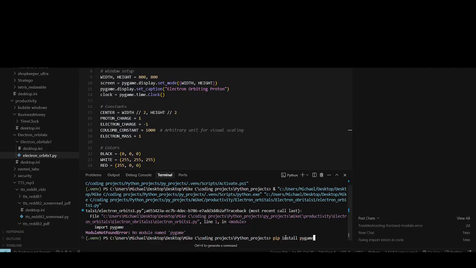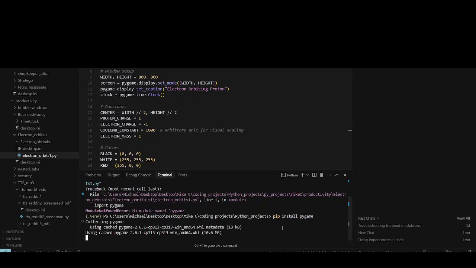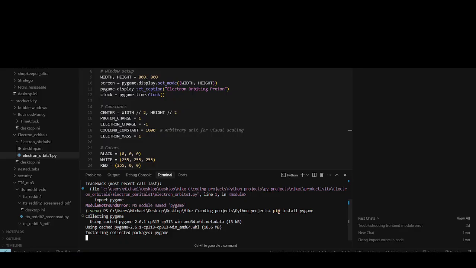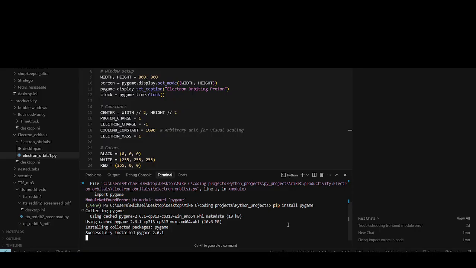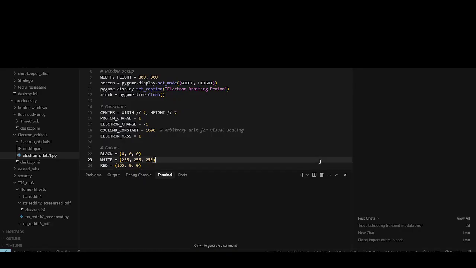Going to have to figure out if the environment thingy that I ran before, yeah, venv. From what I was told, maybe all my pips are outside of it now. Okay, it's installing. Successfully installed. Okay. I think we're good now.